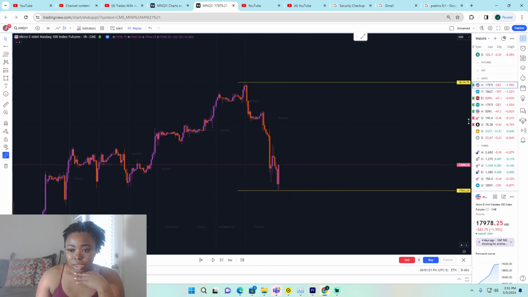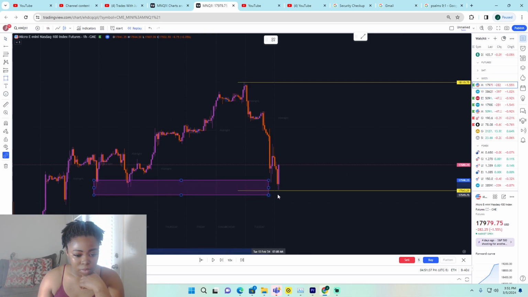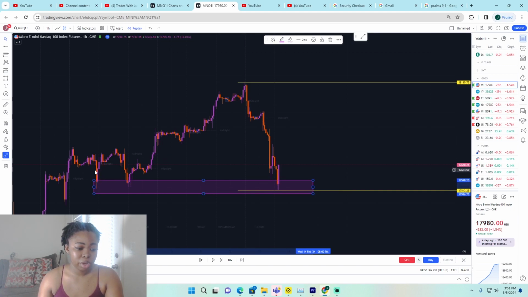And so now that I have that marked out, I'm going to wait and see what price does in these areas, whether it comes down here and reacts off of this zone right here. Because in the past, I would look at this and I would see where the market would come down here and reverse and go up, come down, reverse, come down, reverse.